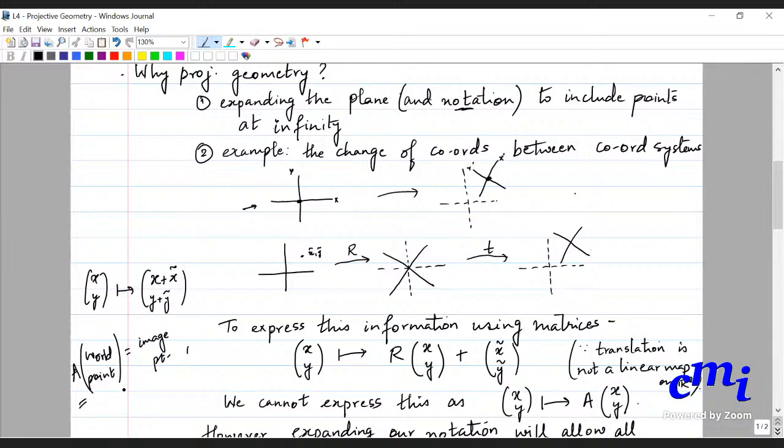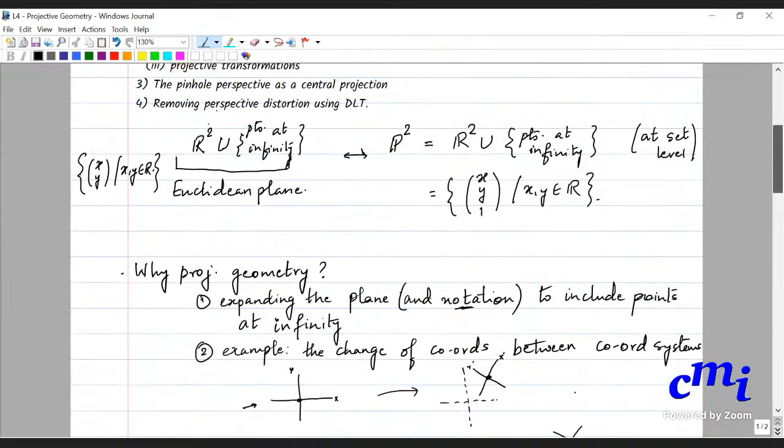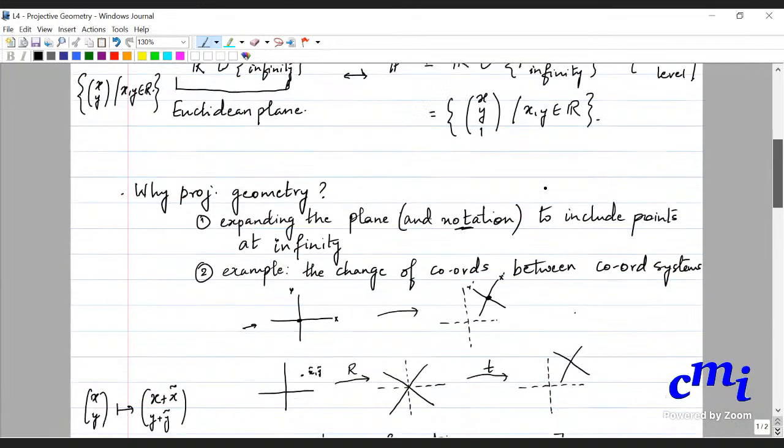That is where we want to go. That is what we want in the end. But because of this, you will not be able to express it this way. So it turns out that Euclidean geometry, or Euclidean coordinate axes like this, is not the best way of looking at points. This is why you want to expand the notation.